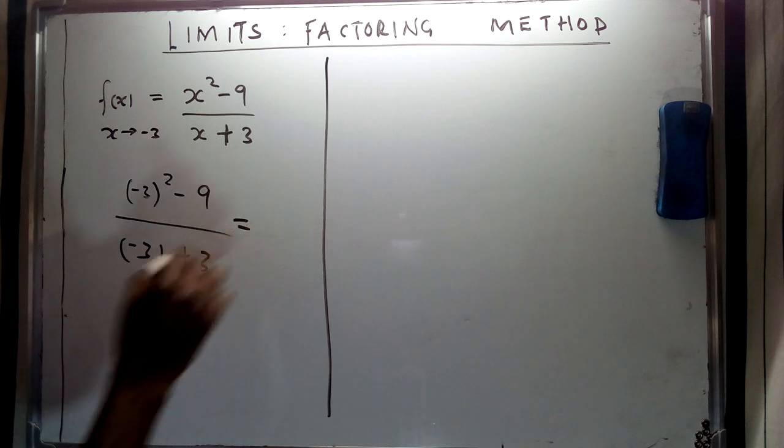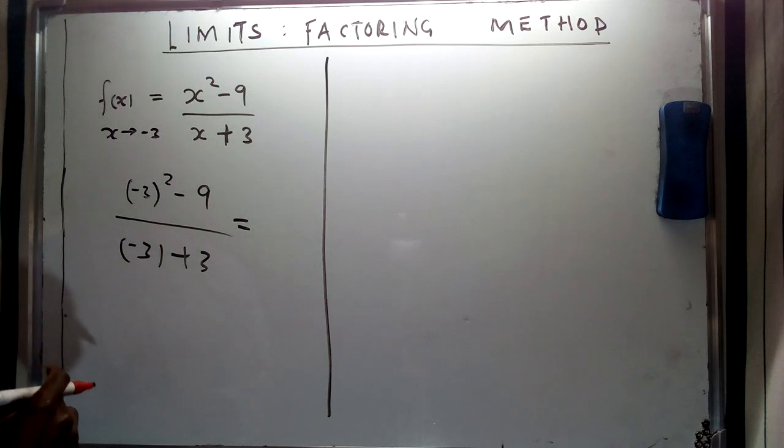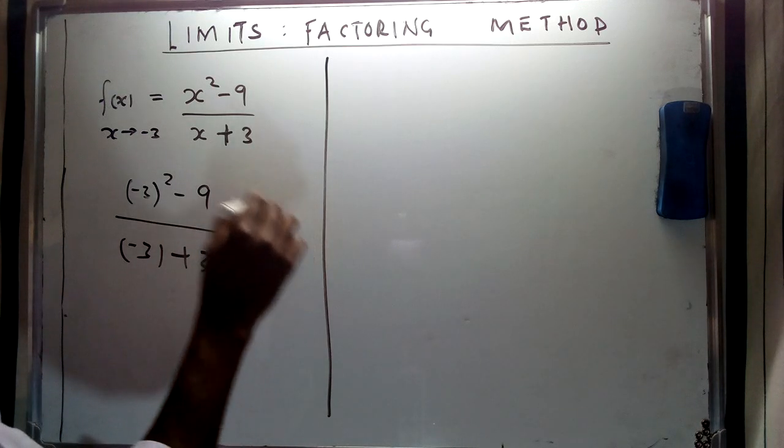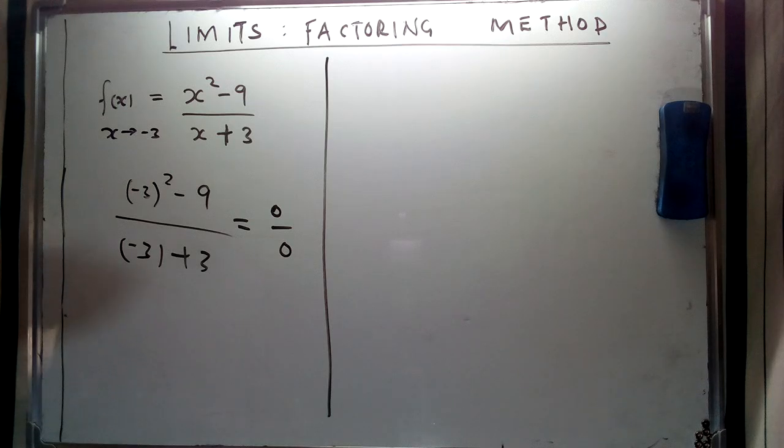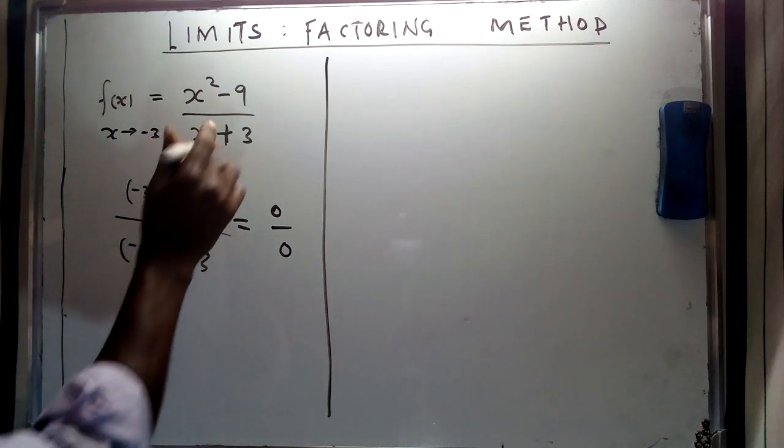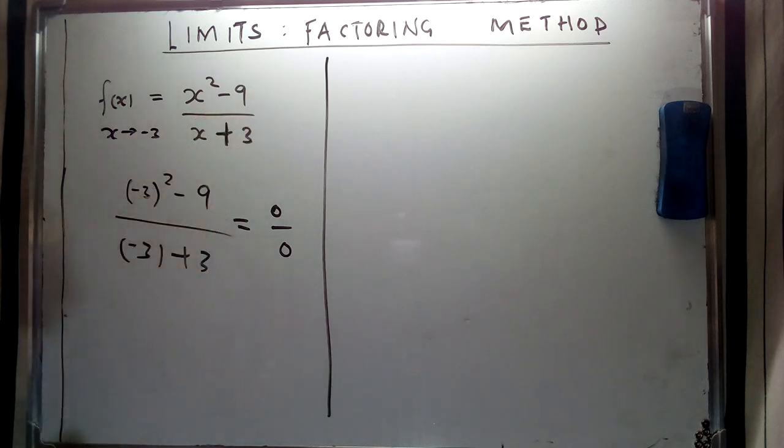If you look at this, it is going to give us the value of 0 for the numerator and denominator. So therefore it's not going to give us a clue on what the limit of this specific function, or other similar functions, is going to be like.